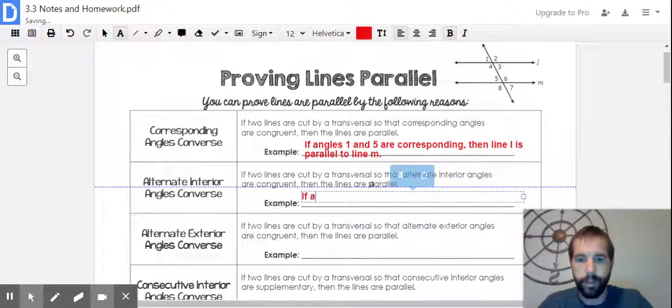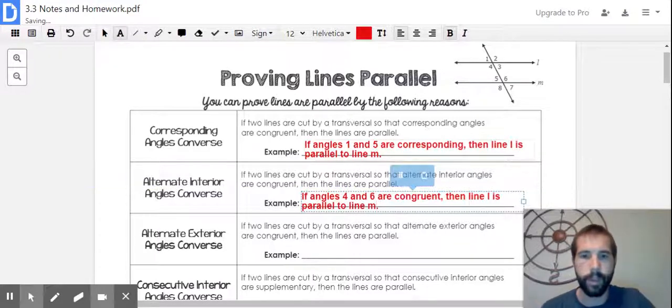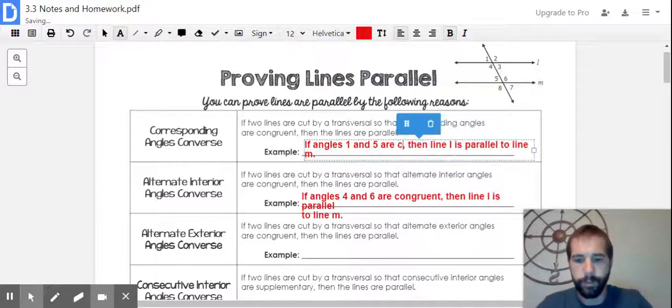So if angles 4 and 6 are congruent, then line L is parallel to line M. Okay, and actually, let me go back to the previous one. This actually should be congruent. So we know that they're corresponding. We're trying to prove that they're congruent to each other.